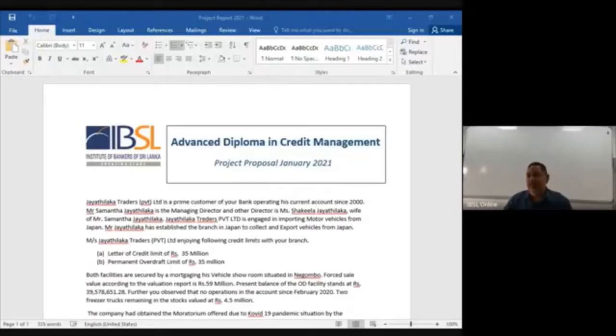So always, whenever it comes to recovery of a defaulted facility, your proposal has to be submitted to higher management. When you are preparing a report like this, what information to include is very important. What is the structure of this project report? I gave the structure earlier also. What are the things to be included in the project proposal report?